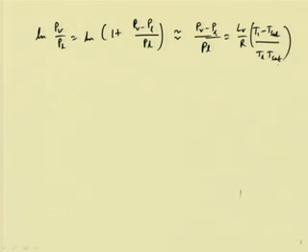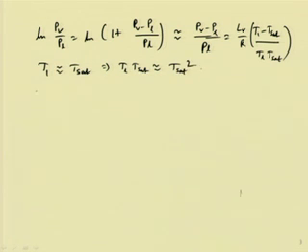Okay. Now, as we know that T L is nearly equal to T sat, so we can write that T L into T sat is nearly equal to T sat square.